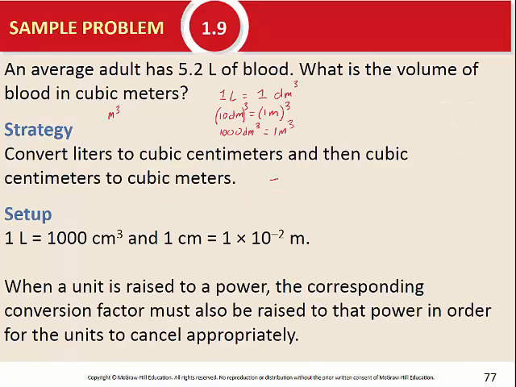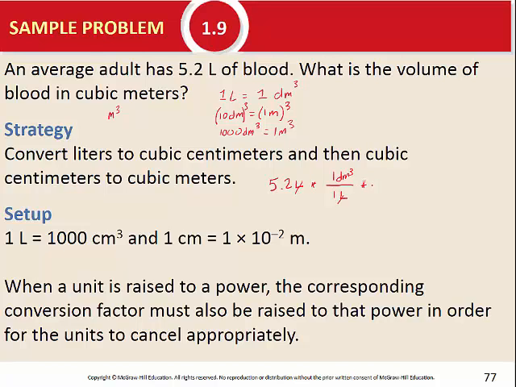So 5.2. Let's work it out our way. 5.2 liters times our first one was 1 decimeter cubed is equal to 1 liter. Liters cancel.